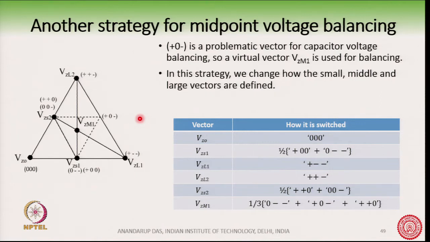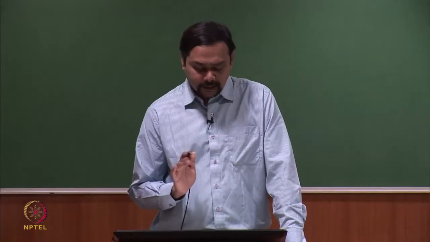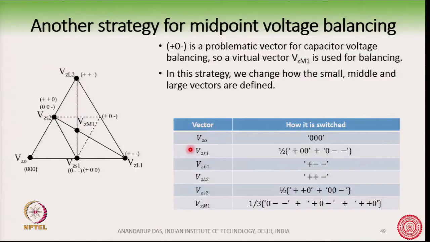We will redefine how the vectors are. So, how do we redefine the new vectors in this sector? This redefinition of vector is given like this. So, let us see what these vectors are.